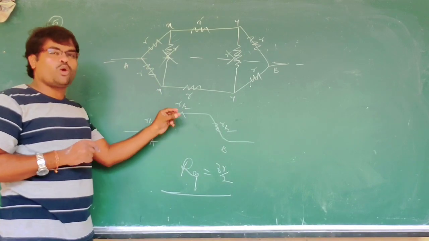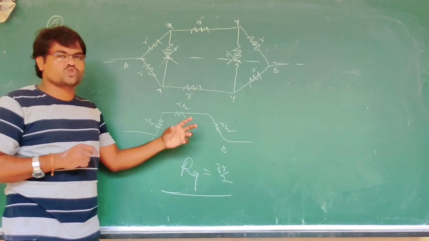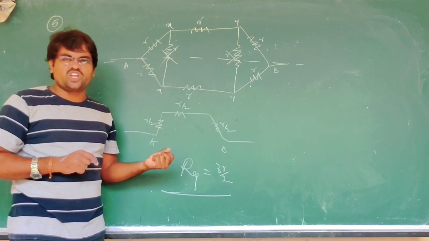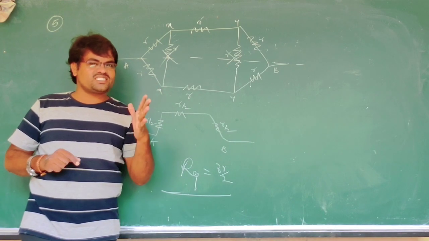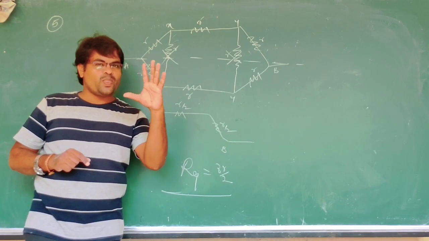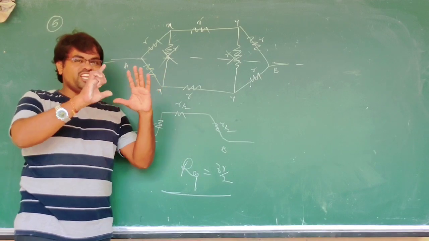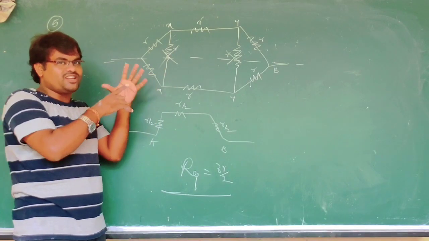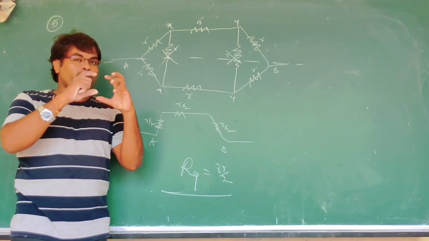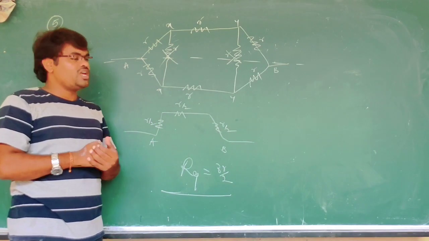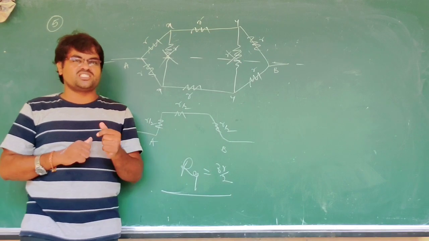You will solve complicated, complex circuits of a combination of resistors. Next, we are going to discuss cubes in 3 dimensions, now only 2 dimensions. In 3-dimensional, complex combination of resistors, next class we are discussing.